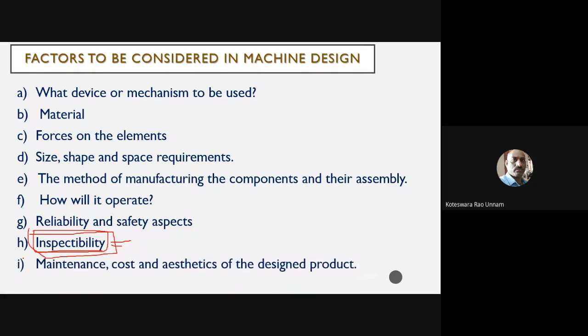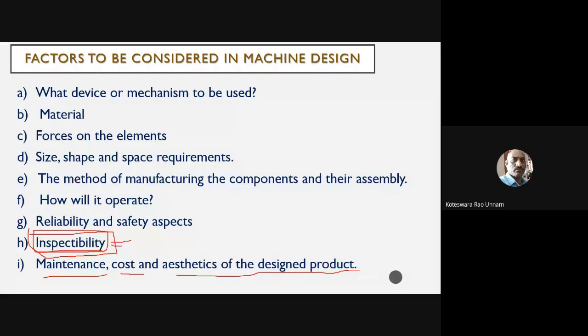Then the final one is the maintenance, cost and aesthetics of the designed product. These are also very important. He has to look into the future requirements for maintenance, the maintenance cost, the cost of the component itself, and also, after the final design, how it looks, whether it is pleasant to the customer. Only then will there be survival for the design.